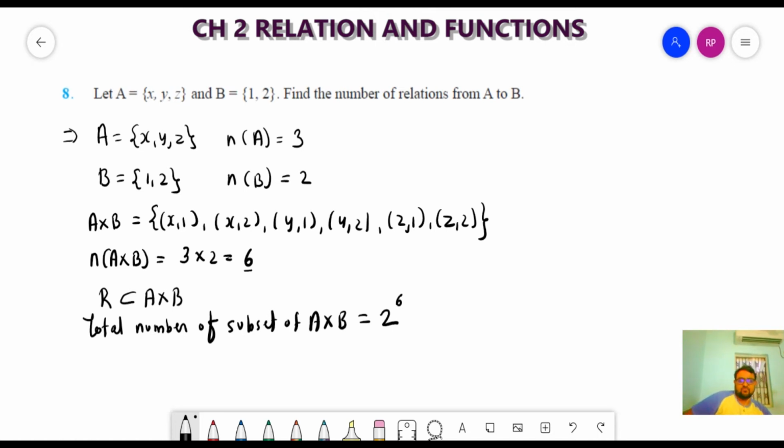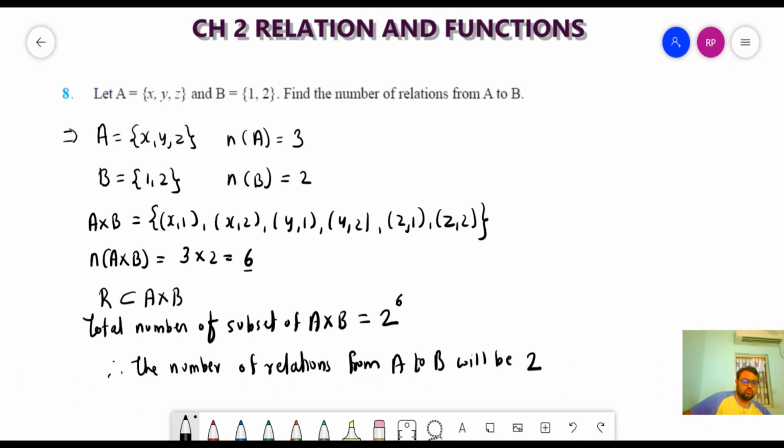Clear? Therefore, the number of relations from A to B will be 2 raised to 6. So this is the answer. Okay, so note down question number 8.